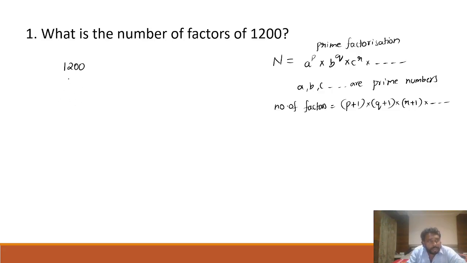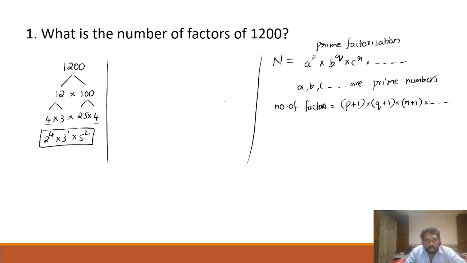Start by splitting 1200 as 12 into 100. 12 is 4 into 3, and 100 is a product of two perfect squares, 25 into 4. So there is a 4 into 4, which is 16, nothing but 2 power 4, and 3 power 1 into 5 square. So I got the prime factorization.